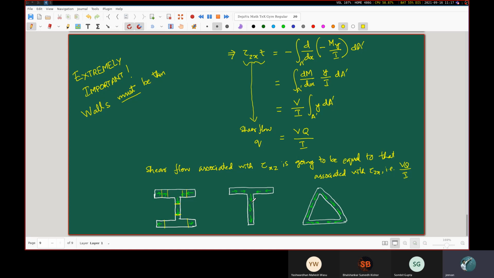But that value is going to be much smaller than that associated with the tau xy. Okay, so in all of these cross sections where the walls are thin, we are very safe to consider that the shear flow in the various zones will be in a direction which is parallel to the edges. Okay, it works only if the walls are thin. Okay, so that's all there is to it.